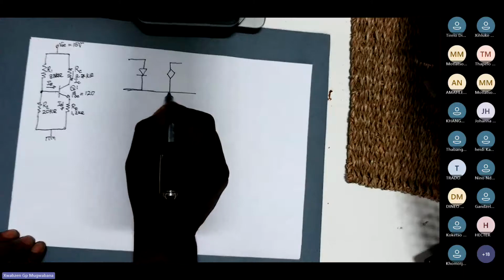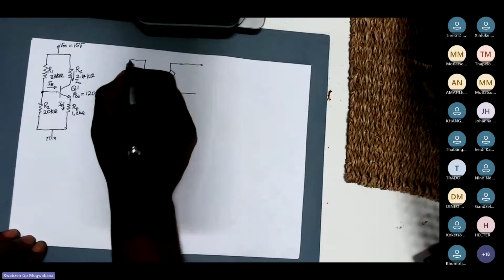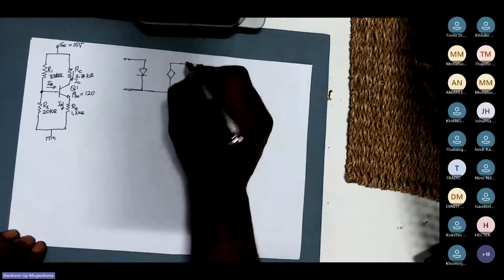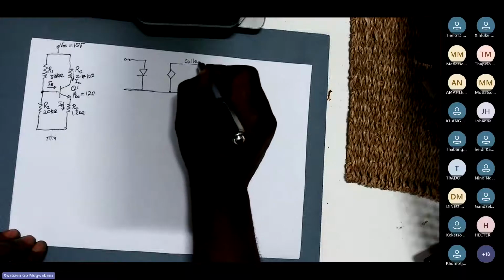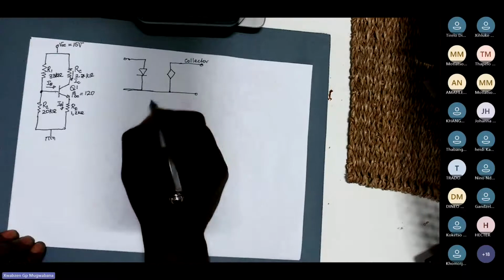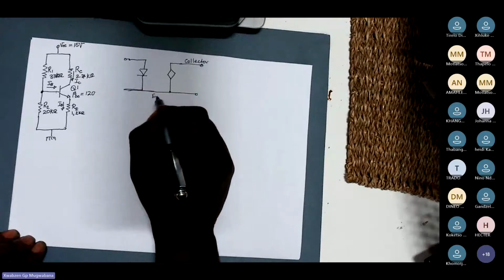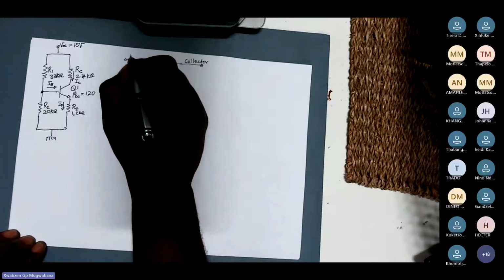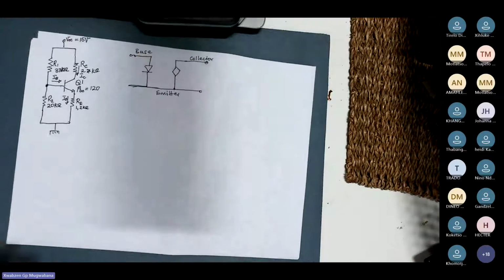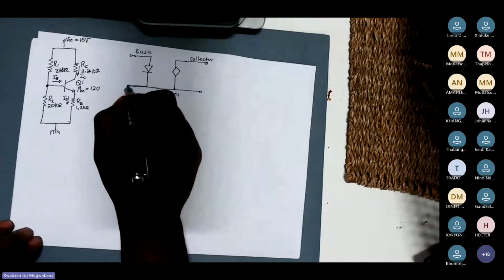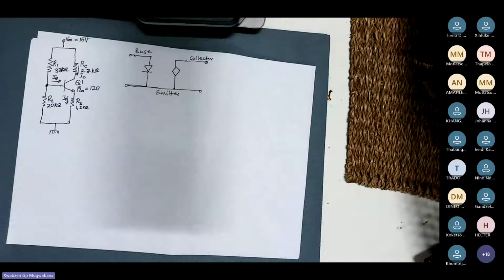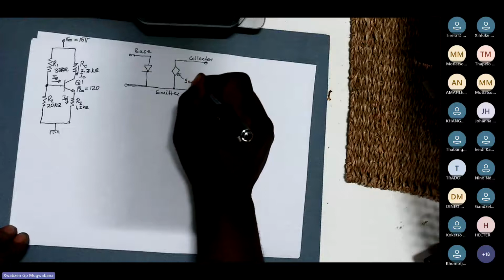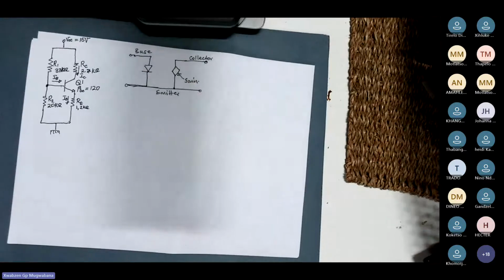With this ideal DC analysis, it simply means that your collector is there, your emitter is there, and then your base is there. Now, with this configuration, remember, this is where you find your gain.